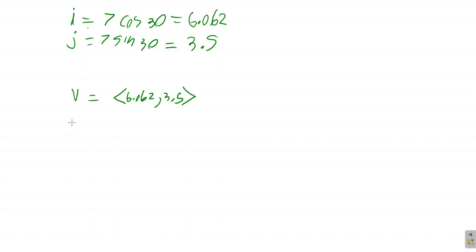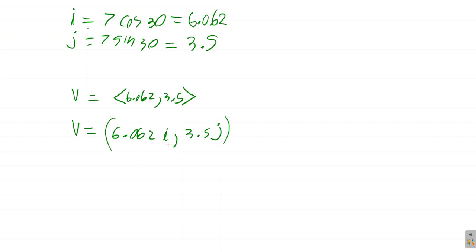That is the same thing as if they say v is equal to 6.062 i, comma, 3.5 j. Alright? They are the same thing.